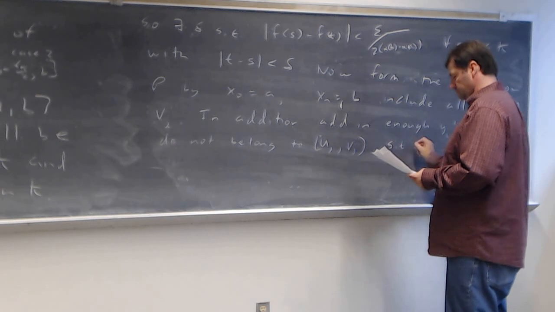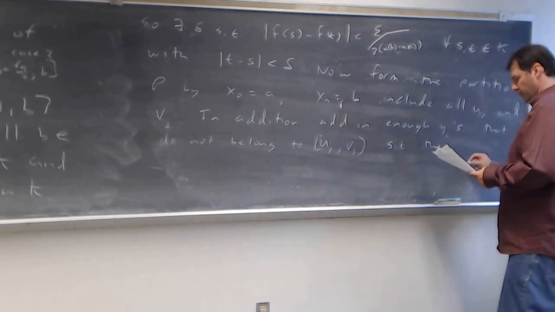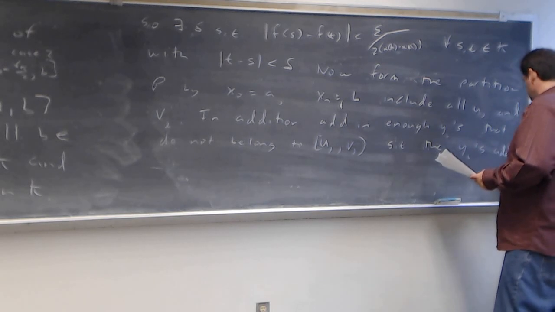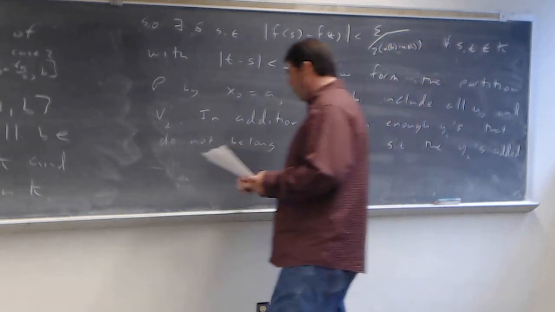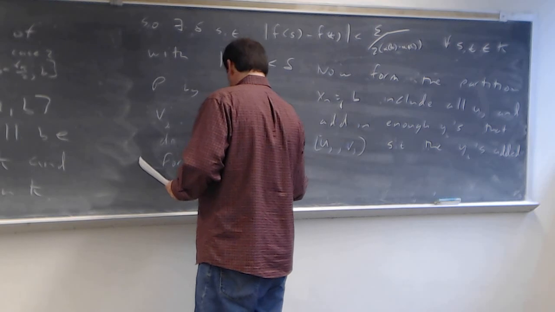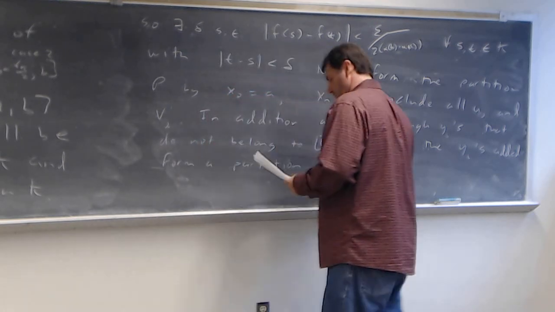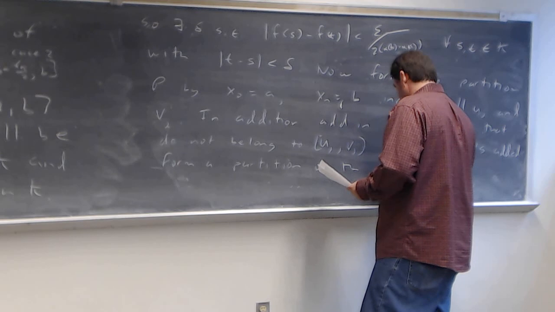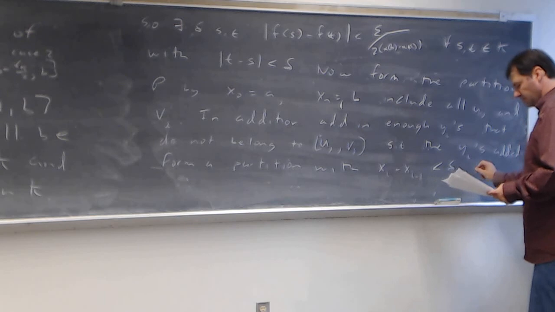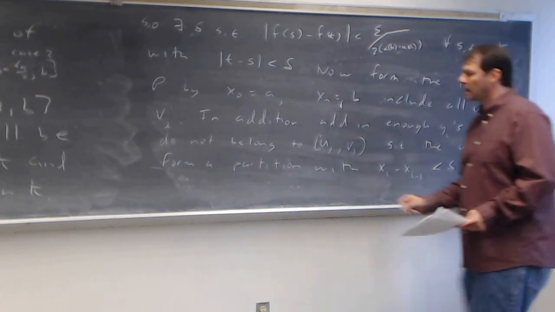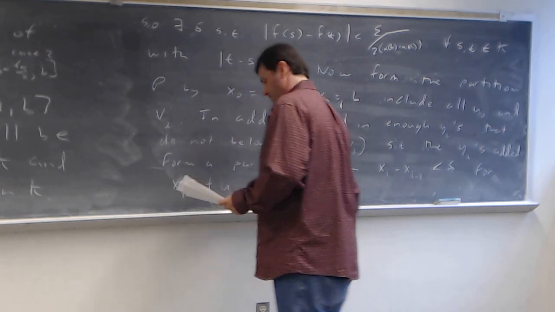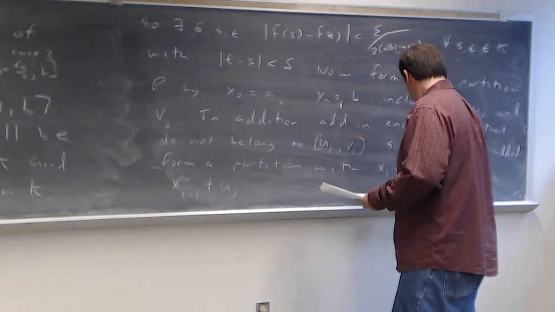Such that the y sub i's added form a partition with x sub i minus x sub i minus 1 less than delta, and that's for all x sub i minus 1 different than a u sub j.